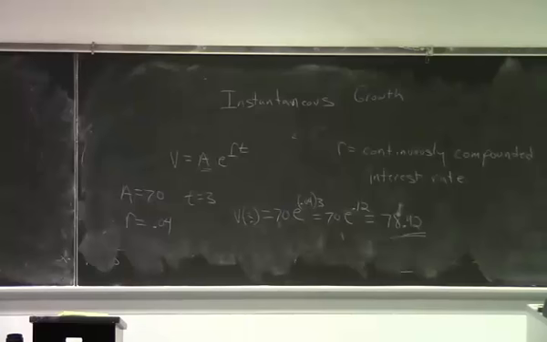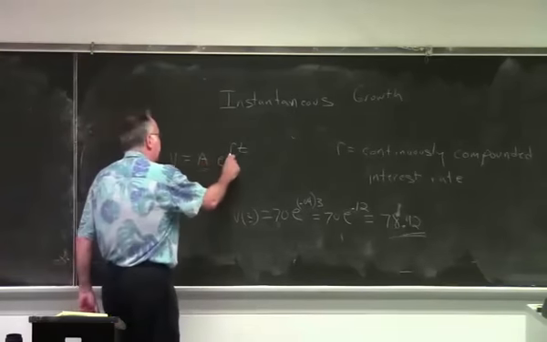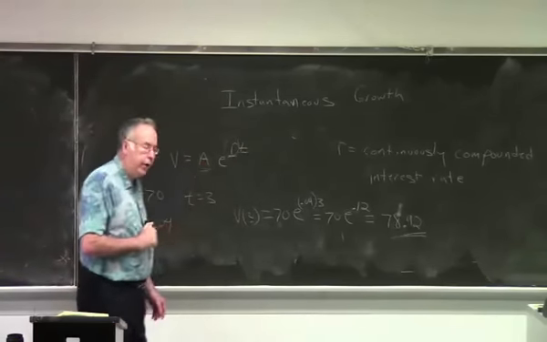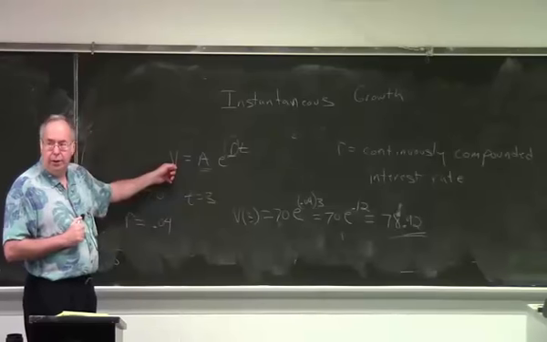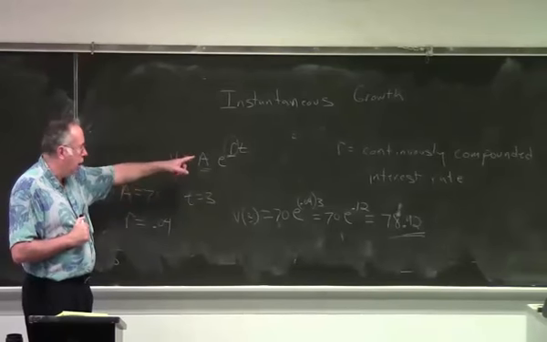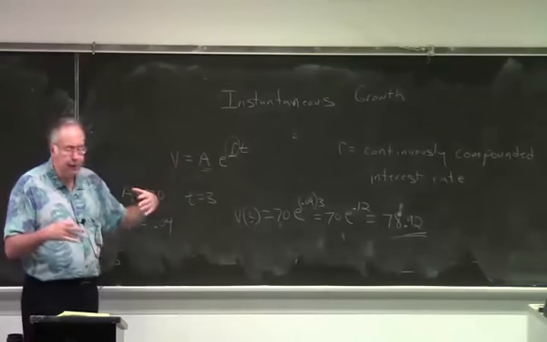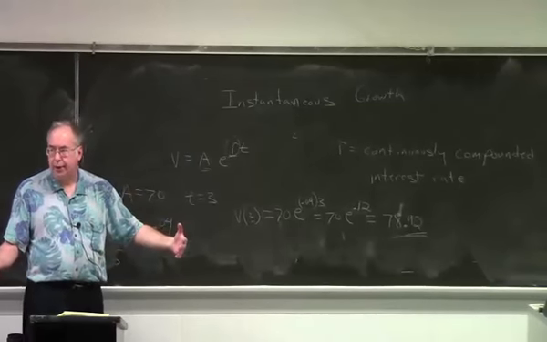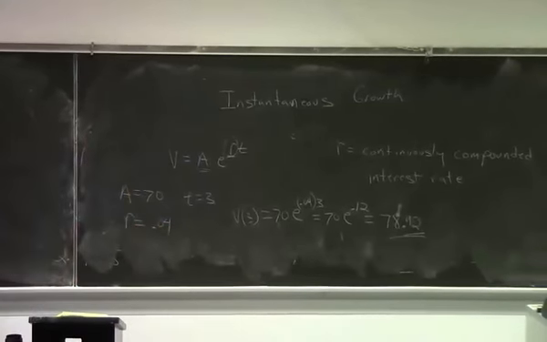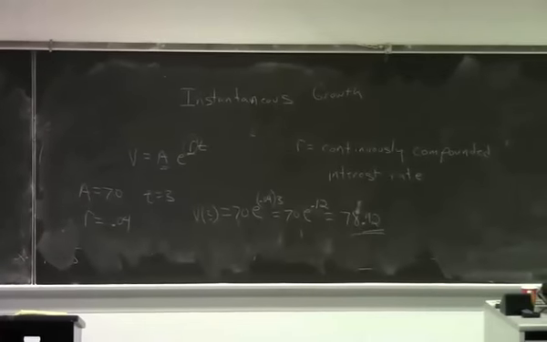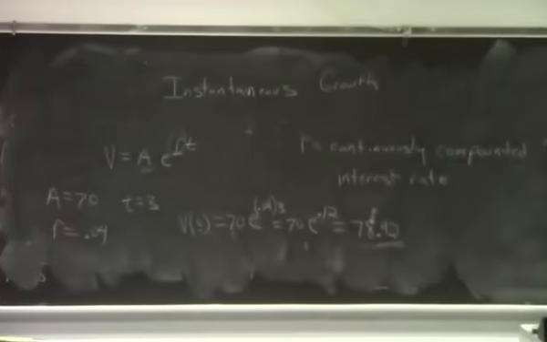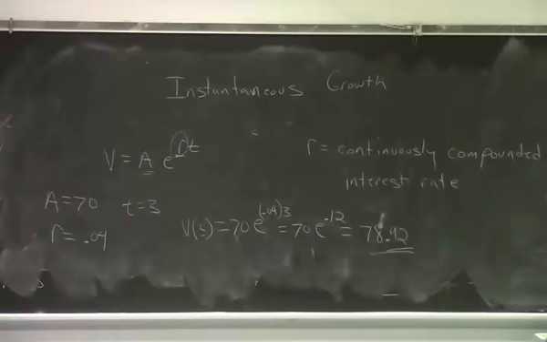Okay. The key assumption here is that this R is the instantaneous growth rate of this variable here. Now, an R in a finance problem is the continuously compounded interest rate. But more generally, it's just the instantaneous growth rate of your dependent variable. So you could change this to population if you wanted to.